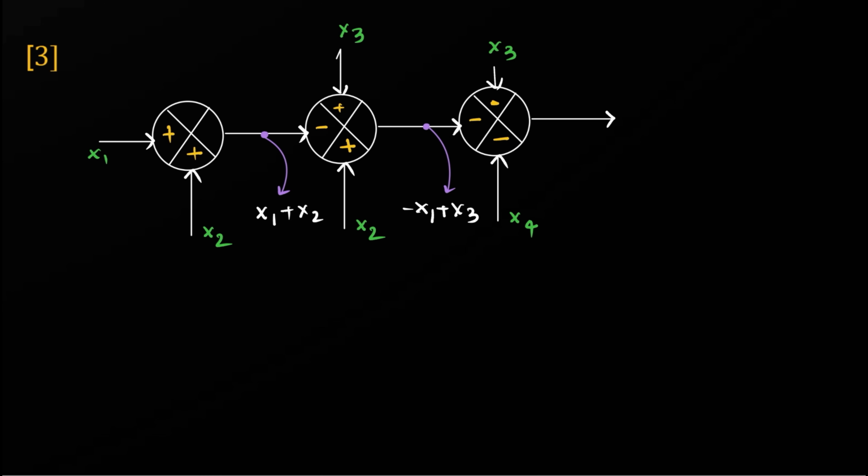Now this is fed to the next block, where x3 is getting subtracted and x4 is getting subtracted.